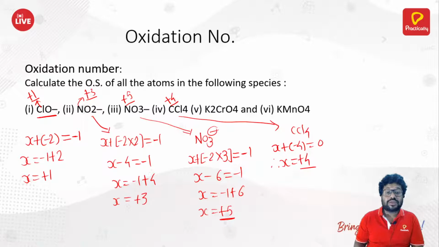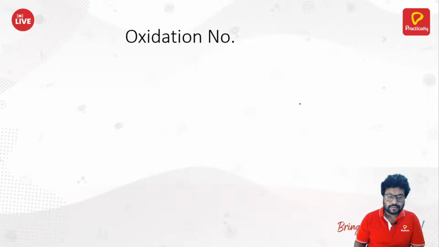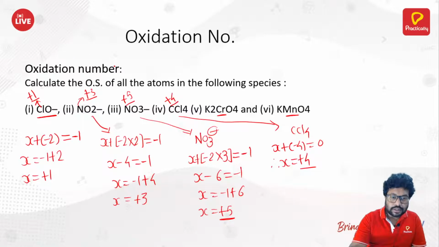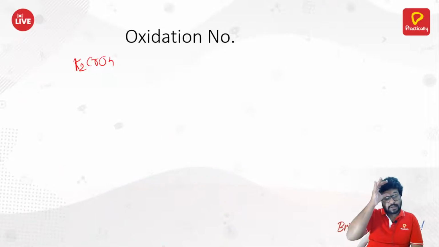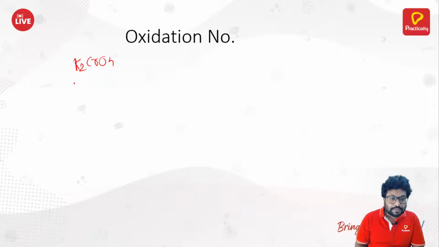Then you have K2CrO4. Here you need to find out for the chromium. K2CrO4. So again, potassium is in a plus 1. So you have plus 1 into 2.